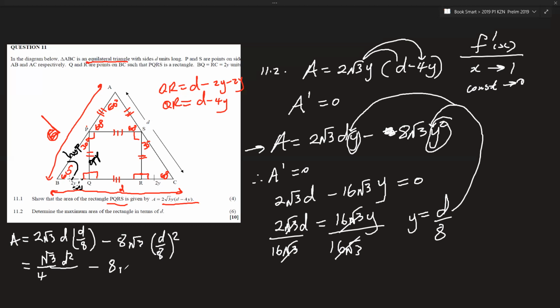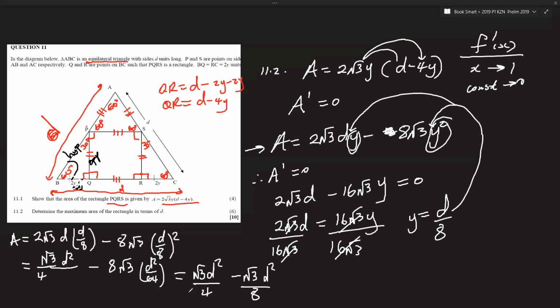It's 8 root 3. Then I need to square first. So I'm going to have d squared over 64. Right. Then this will give us square root of 3 d squared over 4. 8 goes 8 times into 64. So I'm going to be left with minus square root of 3 d squared over 8.